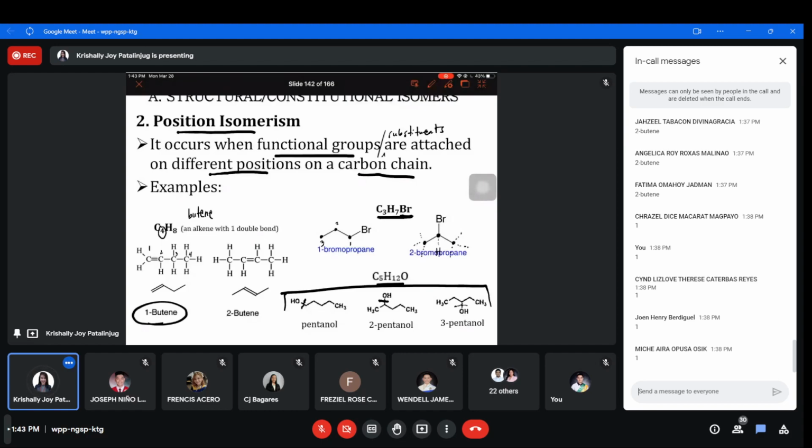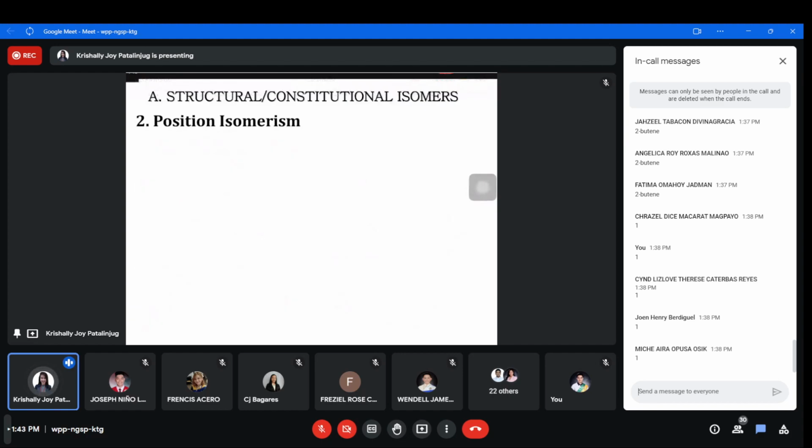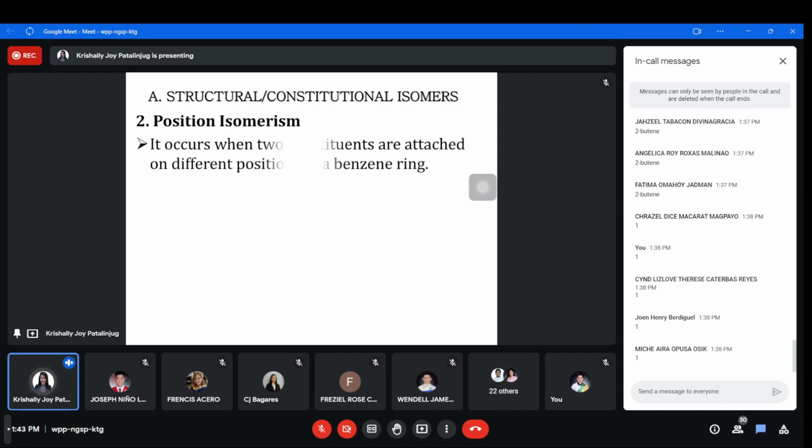Okay? Now, another case wherein yung position isomer could be observed is pwede itong ma-observed among di-substituted benzene ring. Pakisulat, substituted. Ayan, benzene ring. You are all familiar with benzene ring. Diba?